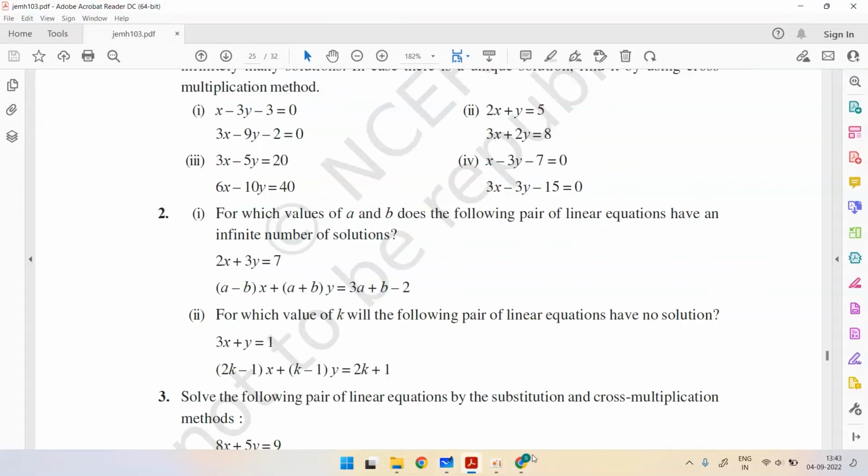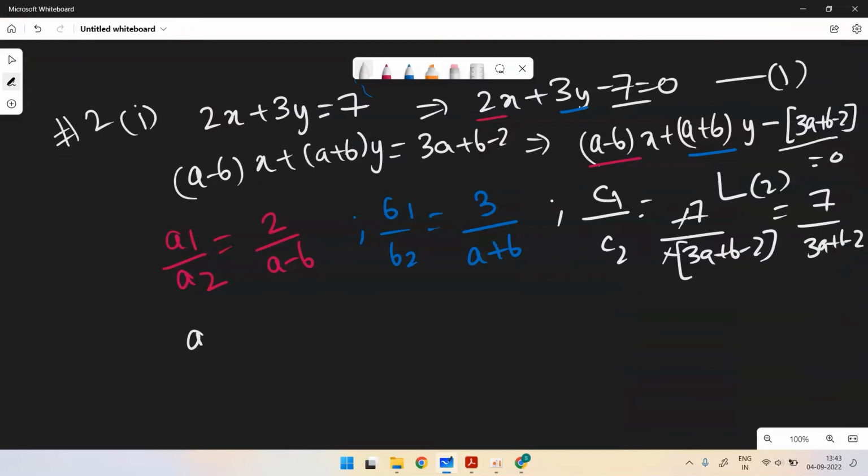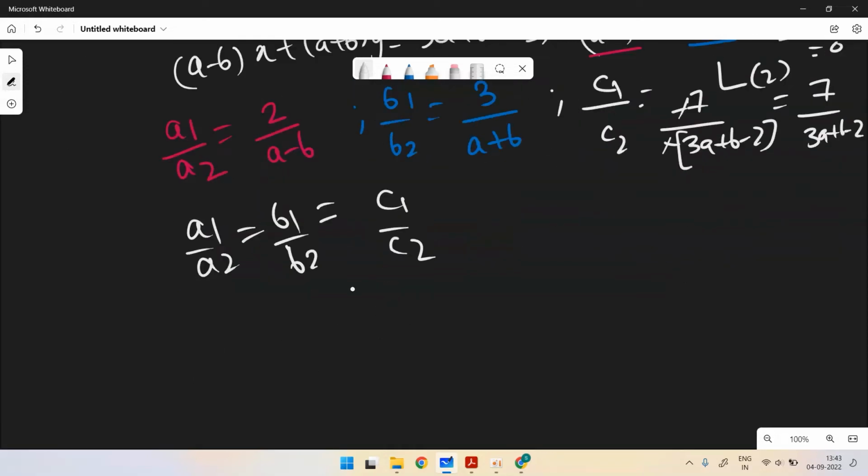So what is this saying? To have an infinite number of solutions, as per the condition you know that a1 by a2 should be equal to b1 by b2, which should always be equal to c1 by c2. I'm taking the first ratio to be alpha, the second to be beta, and the third to be gamma.